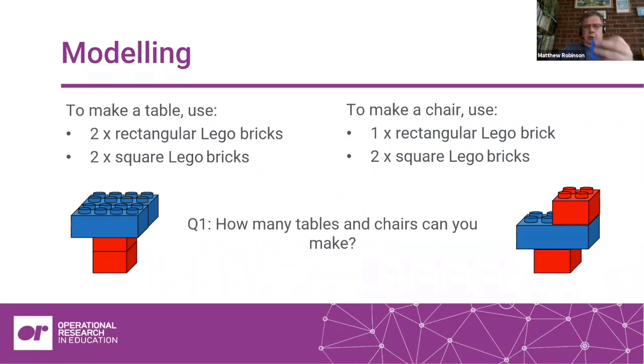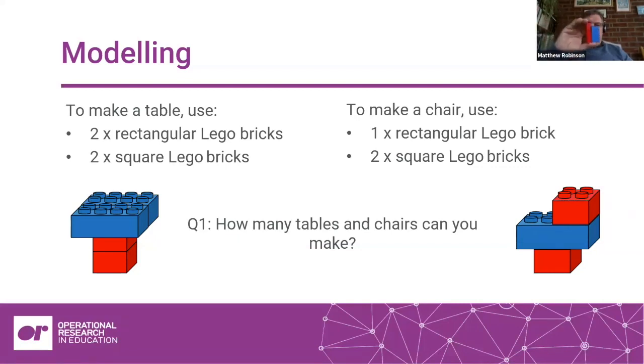Or you could say, I'm going to use all of them and just make chairs, or a combination of the two. So what I'd like you to do now is just spend a couple of minutes, and obviously this exercise can be repeated afterwards if required. So I want you to take your Lego and I'd like you to try and work out the number of different combinations that you can make with those bricks. Now, some of the combinations, you may end up with some pieces left over.